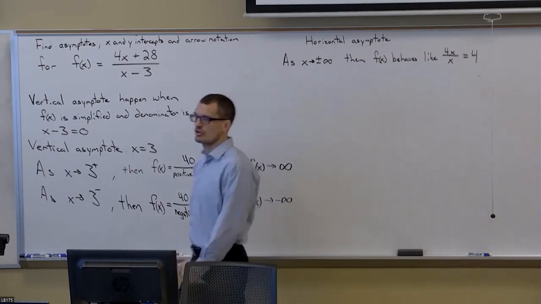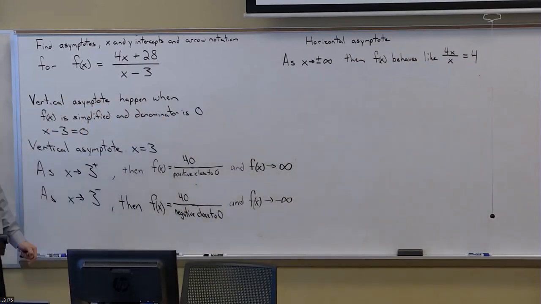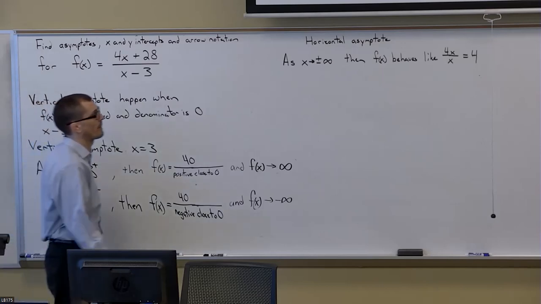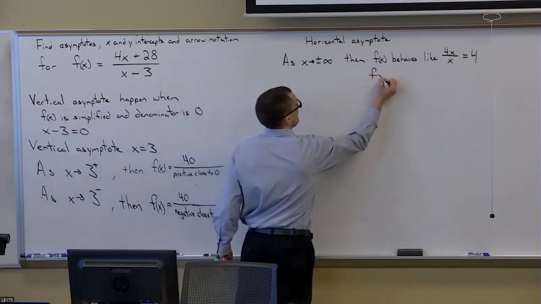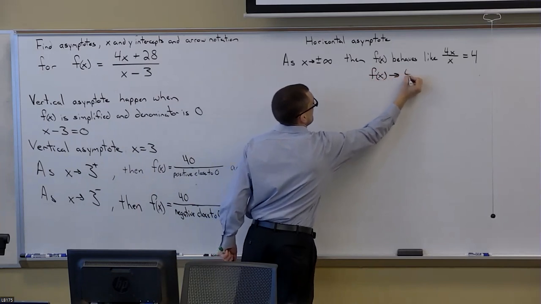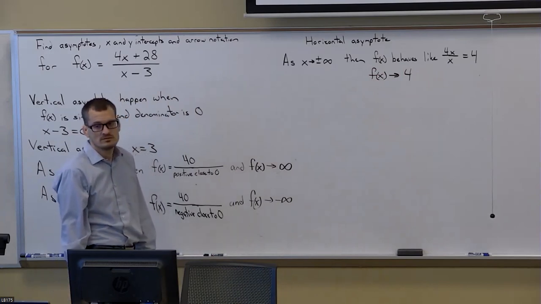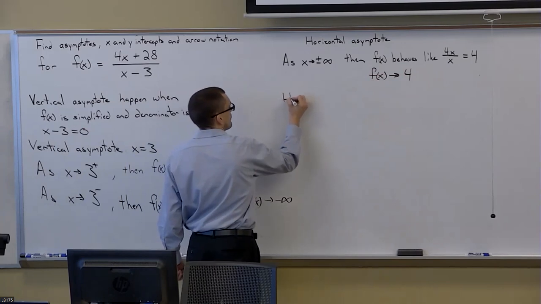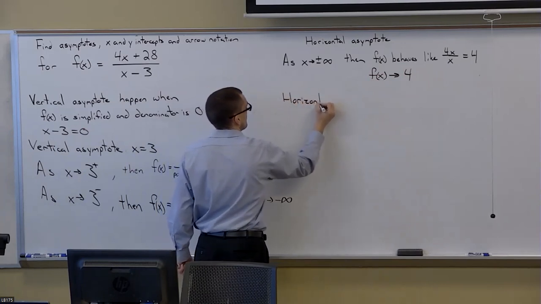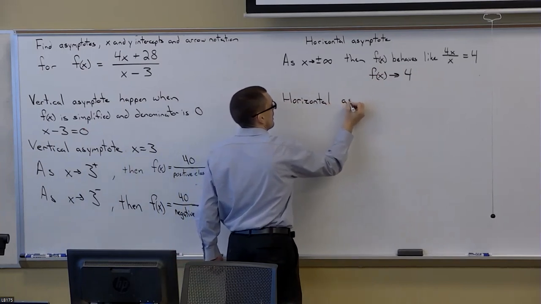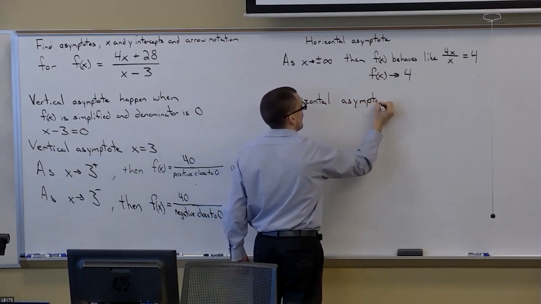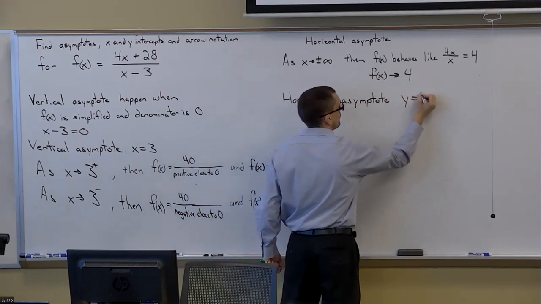I just look at the leading terms and compare those. So that means my function goes to 4, and that means I have a horizontal asymptote of y equals 4.